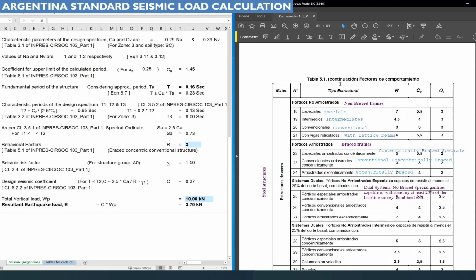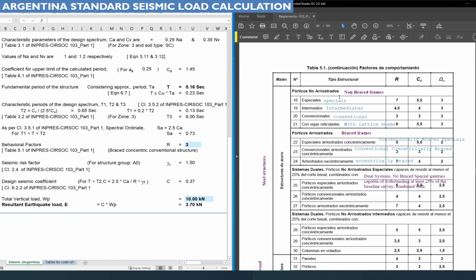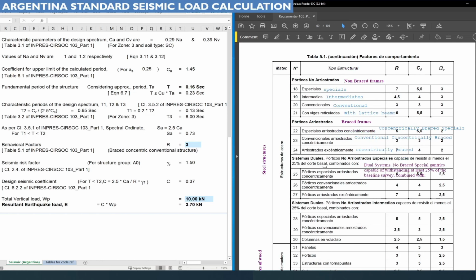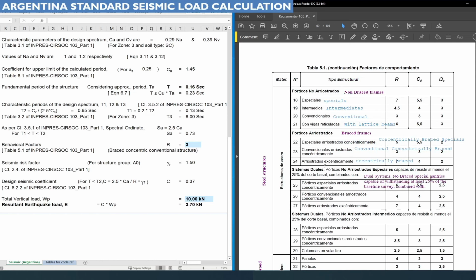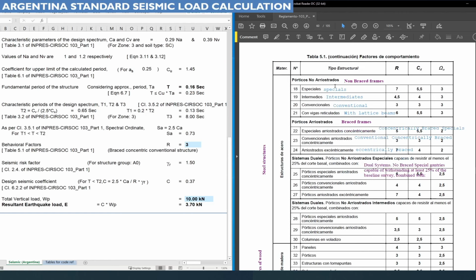In this table, there are many classifications of structure frames, behavior of structures to the seismic. So first one is non-braced frames. In that again subdivisions are there: specials, intermediates, conventional with lattice beams.